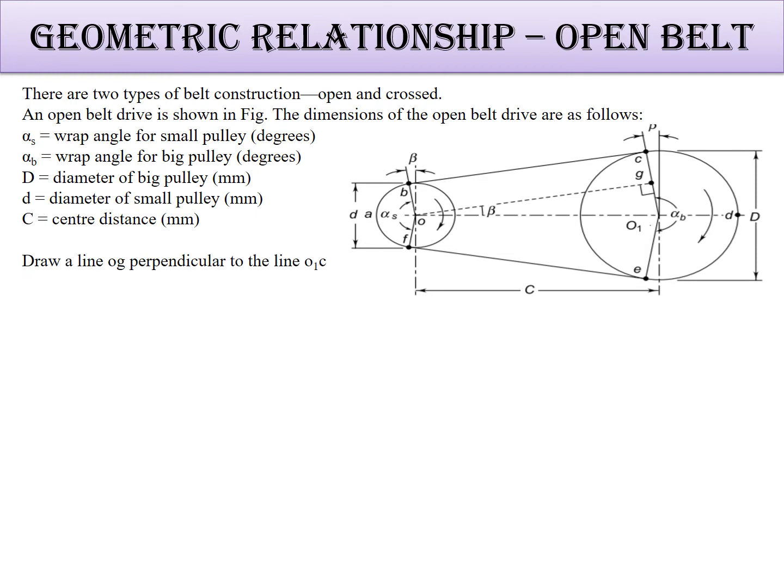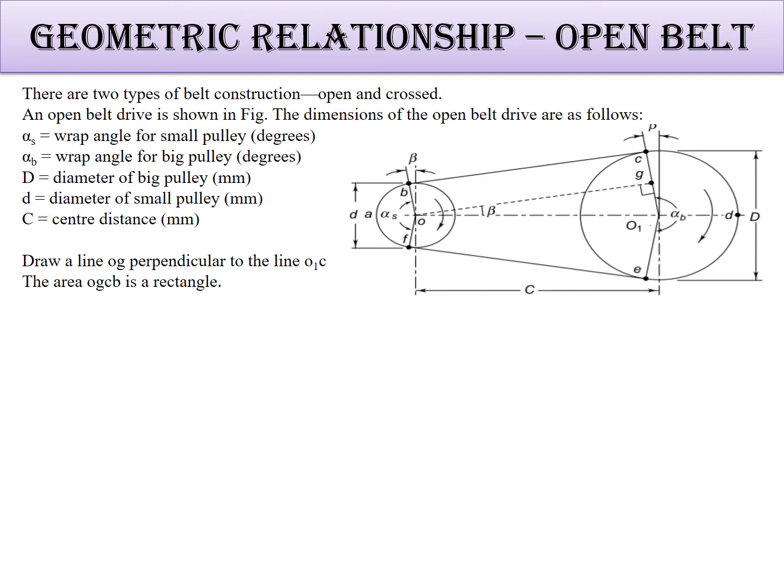Now just simply consider this O1G. This is O1 to C, the line, and OG is perpendicular to this line.